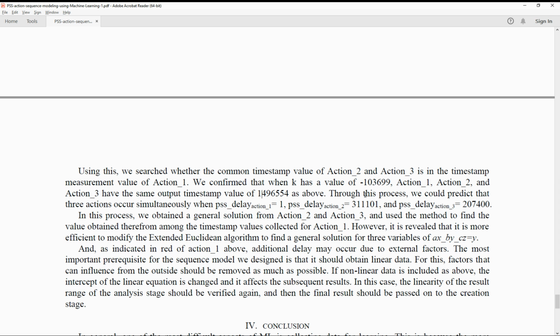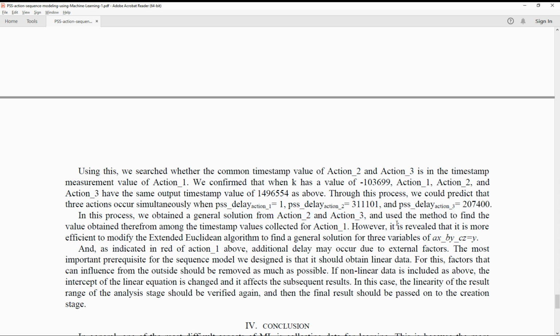Through this process, we could predict that the three actions occur simultaneously when PSS delay of action 1 and action 2 is 1 and 1, and PSS delay of action 3 is 207,400. In this process, we obtained a general solution from action 2 and action 3.